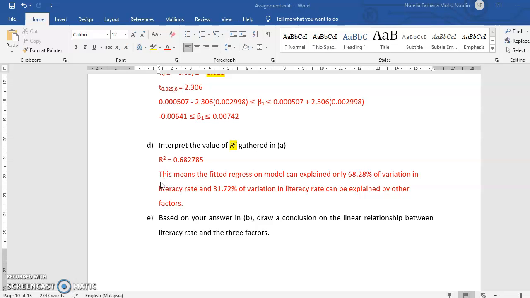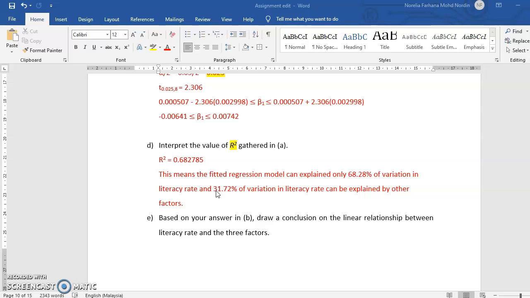For the interpretation, this means the fit regression model can explain only 68.28% of variation in literacy rate. These figures kita dapat by times this value by 100 to convert into percentage.